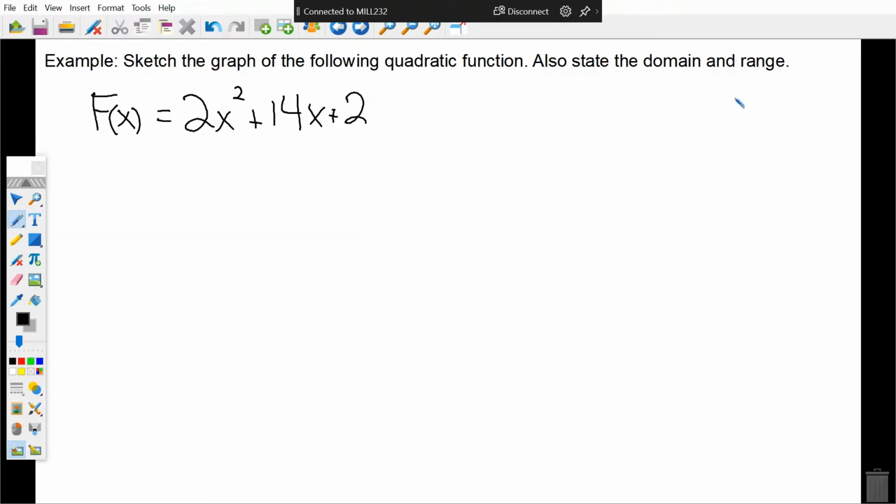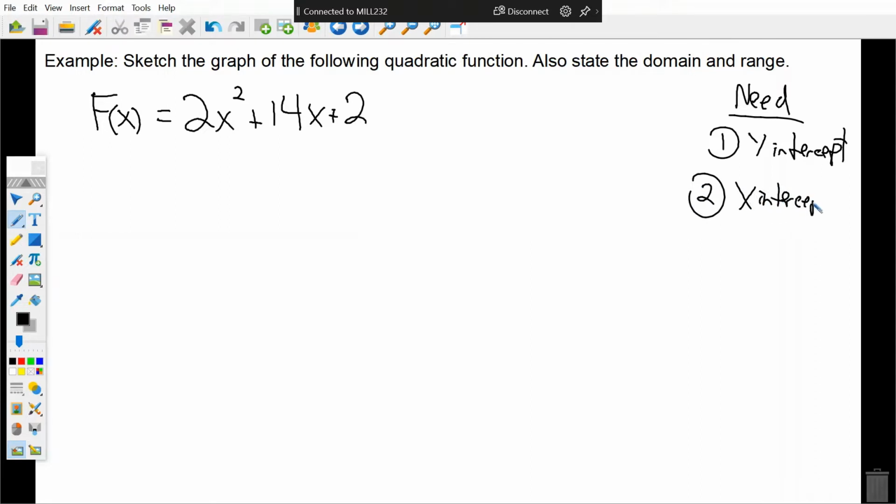To graph this, we need the y-intercept, the x-intercepts, the axis of symmetry, and the vertex. If we have all that, then we can graph it. And we're going to get all of those one piece at a time here.